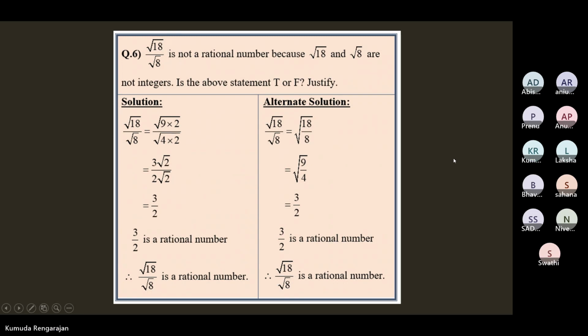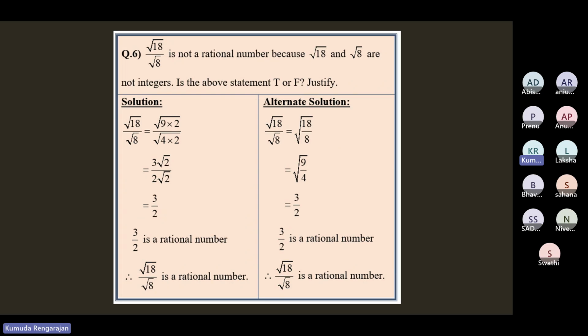But there is a condition that root 18 and root 8 are not integers. So that condition is true, no, ma'am? No, like you just imagine, I'm telling you, Swati, root 18 by root 8 is not a rational number, because rational number means P by Q form, where P and Q are integers.